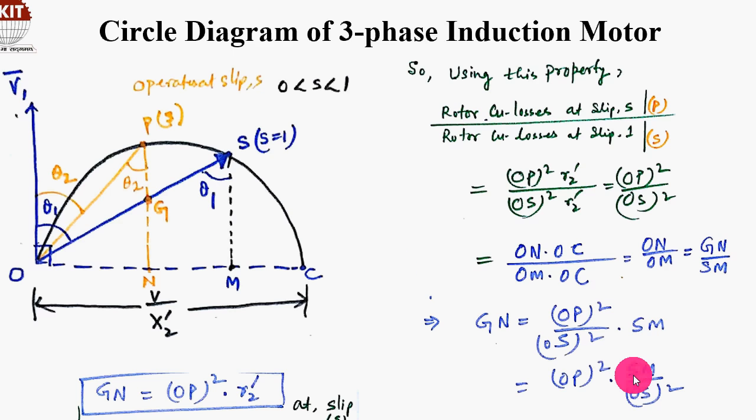Now if you put SM as OS square times R2 dash, OS square and OS square get cancelled out, so the remaining portion is R2 dash only. So this GN can be written as OP square times R2 dash, that I have written here, that is GN will be equal to OP square dot R2 dash. So this is the condition of GN that we have obtained at any general slip S.